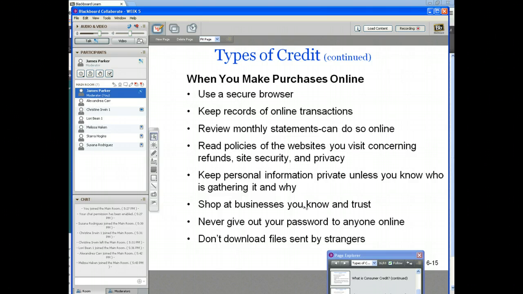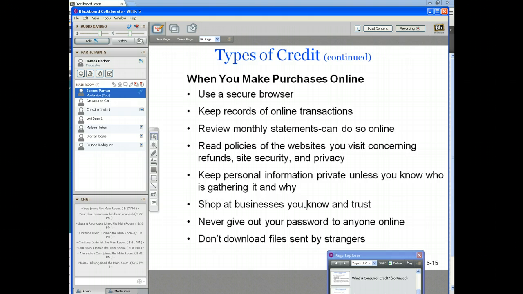And if you're wiring money to people for things you got on eBay or Craigslist, if you ignore all those warnings, then you deserve what's going to happen to you. You will get ripped off. But if you're dealing with legitimate folks and are smart about it, it's the way business is done.